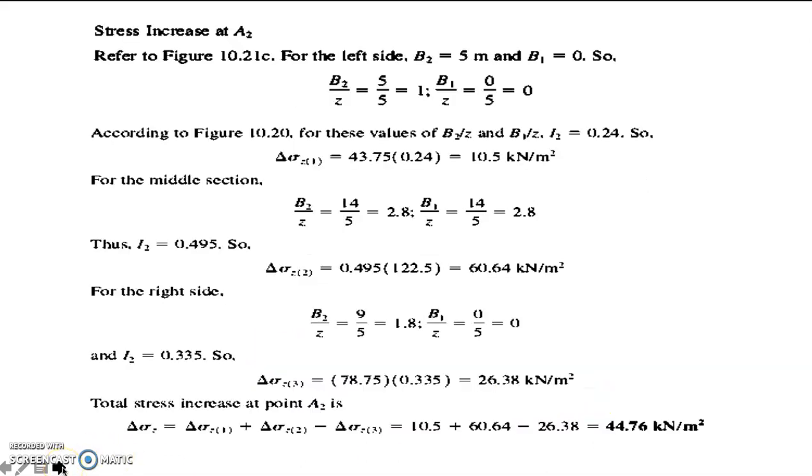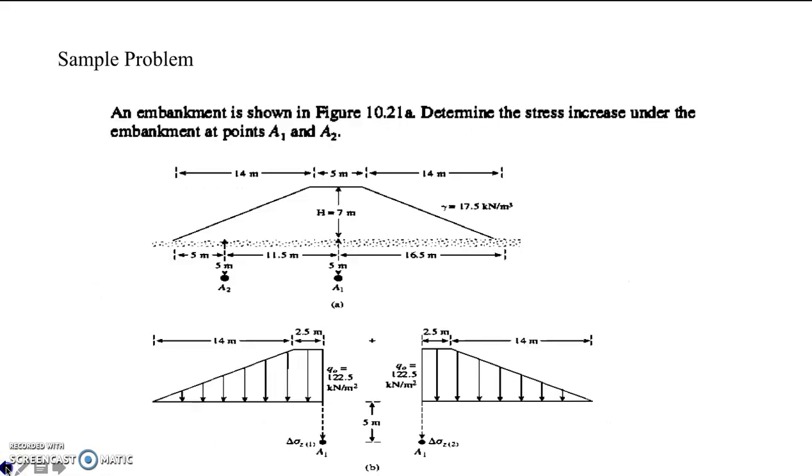How about the stress increase at point A sub 2? For the stress increase at point A sub 2, we consider the left side. So this is our point A sub 2. What will be the stress at A sub 2? We're going to have three figures here: on the left side of A sub 2, the middle section, and the right side of A sub 2.